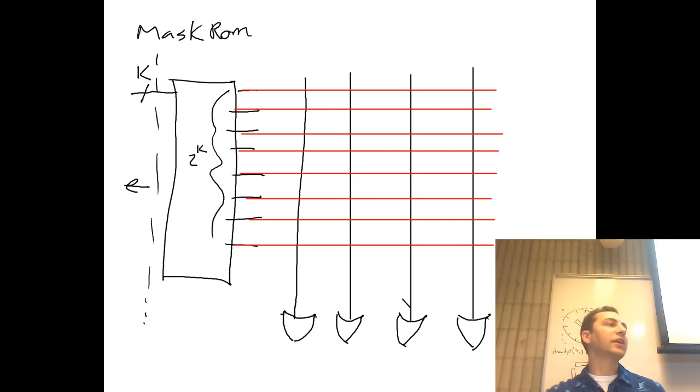And right now, nothing's connected. We just have these OR gates. So with nothing connected, we see a 0 on all of these, right? Nothing is connected. To program this, we'll go ahead and selectively connect some of these connections using a process in silicon.